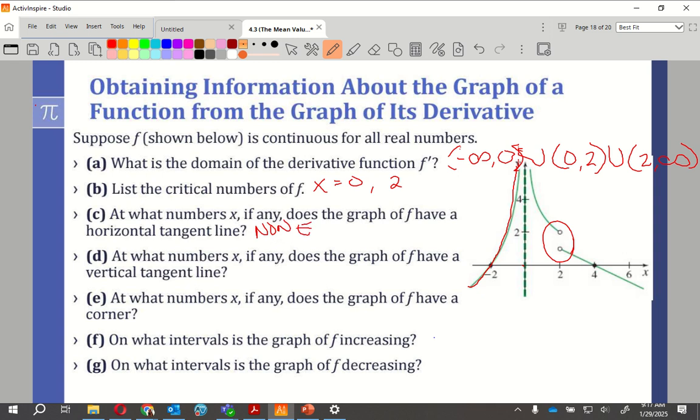At what numbers x, if any, does the graph have a vertical tangent line? Now, for a line to be vertical, what has to happen? It has all rise and 0 run.